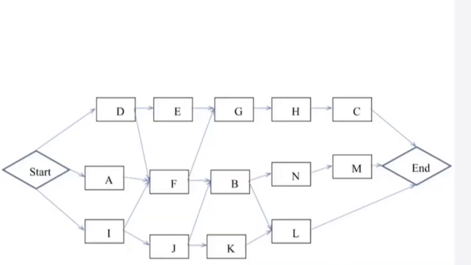Also, we add the estimated activity duration from our estimate activity duration process to that, and now we're ready to actually create our schedule network diagram. Schedule network diagram is very important because it serves several purposes. One, we see the exact graphical visualization of all the project activities and their sequence for our project.